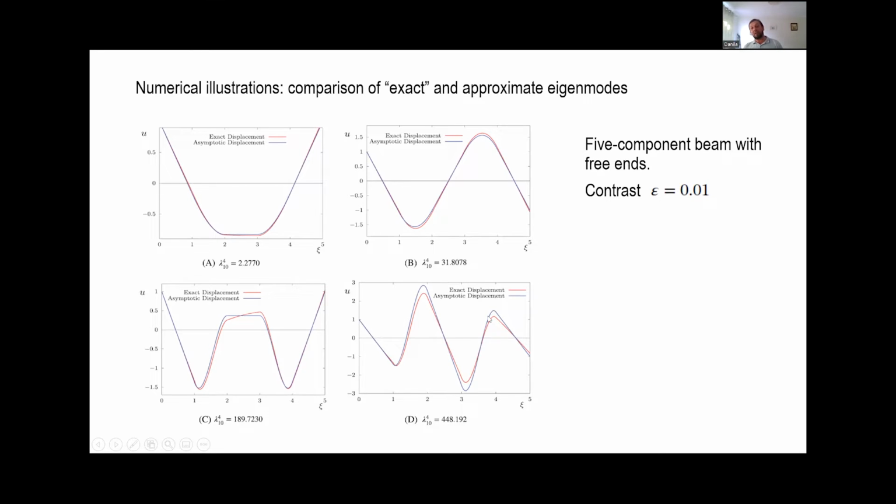Certainly, the reason why the approximation works reasonably well is because the contrast is chosen to be relatively small, so 0.01, it's a good value of contrast. If we would take it as 0.1, certainly we would see the picture would be spoiled here.